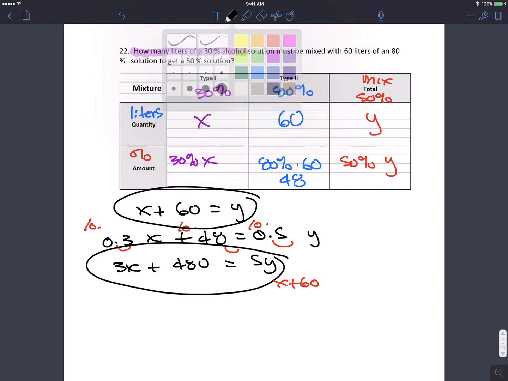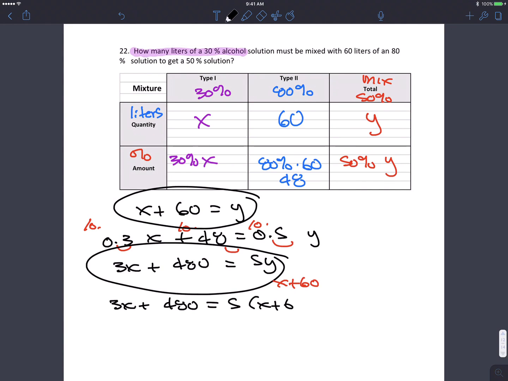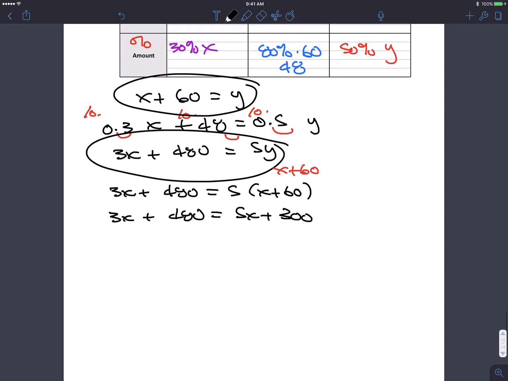You end up getting 3x plus 480 is 5 times x plus 60, or 3x plus 480 is 5x plus 300. You're now going to subtract 5x from both sides.